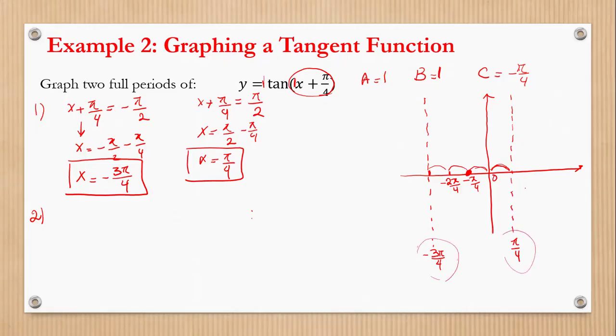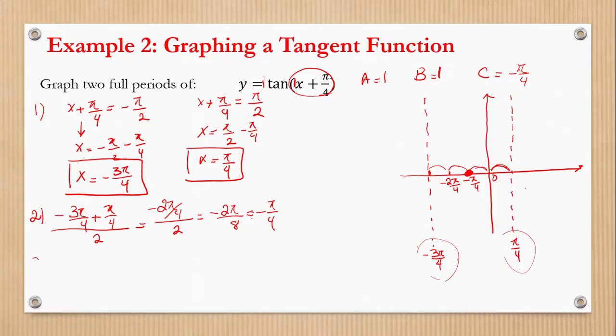If you can't find the point from the graph, you can easily add the two asymptotes and then divide by 2. If you add these two, you get negative 2 pi over 4. If you divide it by 2, you get negative 2 pi over 8, which is negative pi over 4. And you can see that we have negative pi over 4 here.